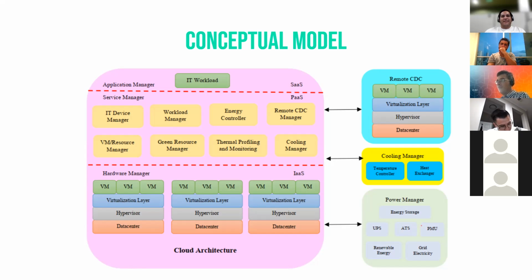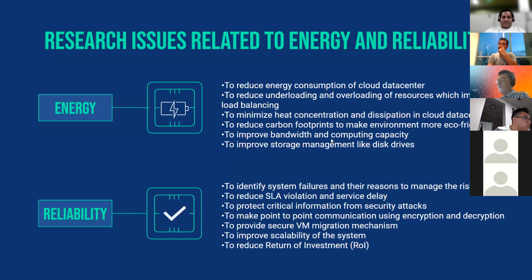For remote CDC, the VMs or virtual machines and workloads can be migrated to remote CDC to balance the load effectively. This is the model that they are proposing for sustainable cloud computing.